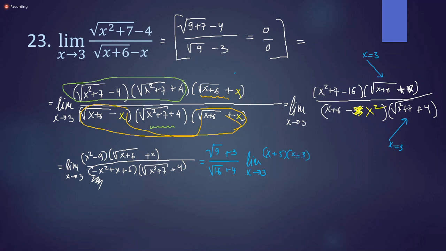In the denominator, I don't like this minus, so I'm going to take this minus outside in front of everything. So inside the limit, I have now x squared minus x minus 6 because I'm taking the limit out.